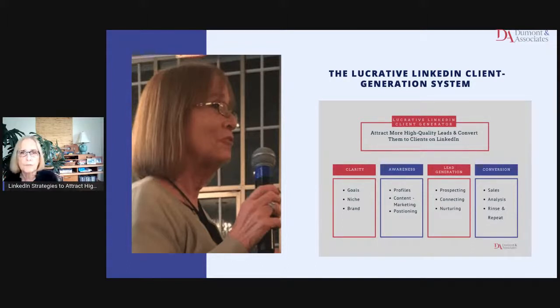But if you've done the first three stages right, that sales conversation is going to be a breeze because you've already established that relationship with the person you're talking to. Then you're going to analyze all the metrics for the goals you established in your first stage. You're going to analyze those, and then you're going to make your changes, rinse and repeat. Okay, that's how you generate clients.